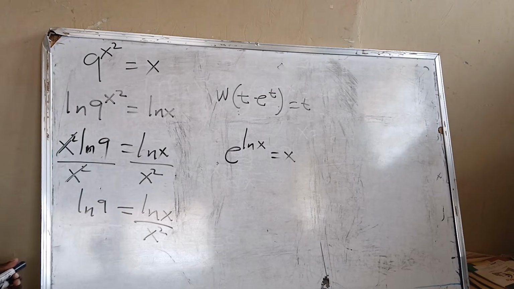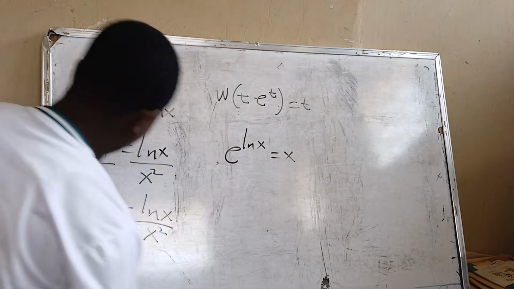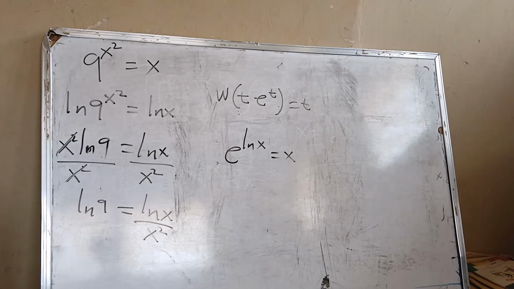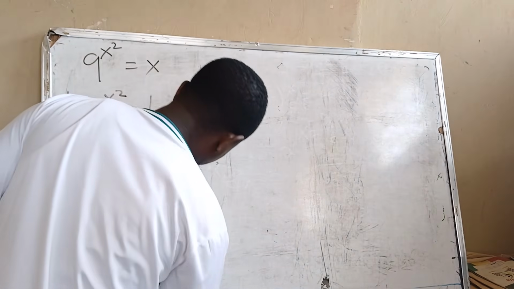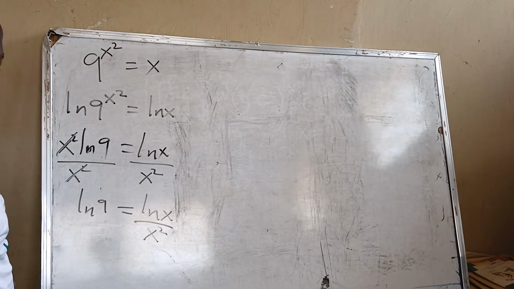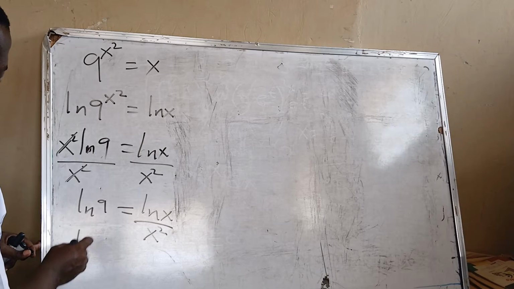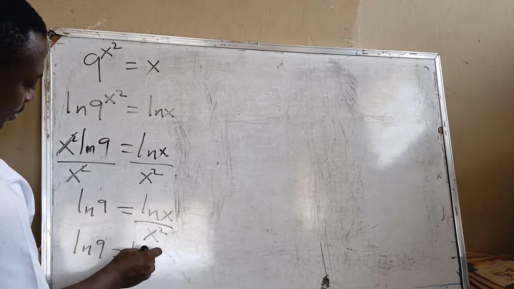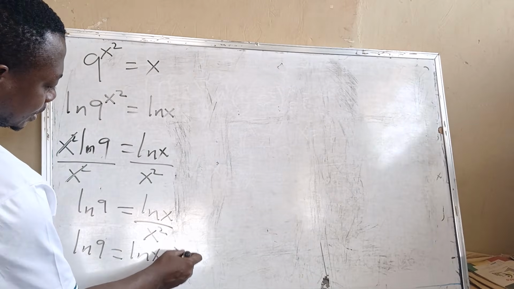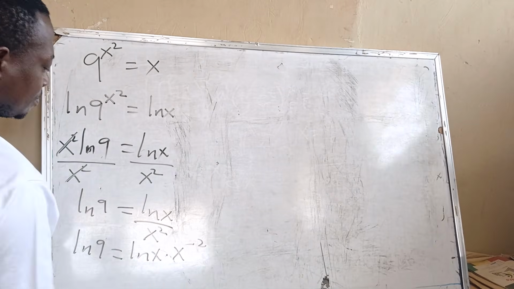Now, let's first of all write this one in a linear form. In a linear form means we want to get rid of the fraction. So we have ln of 9 equals ln of x times x to the power minus 2.